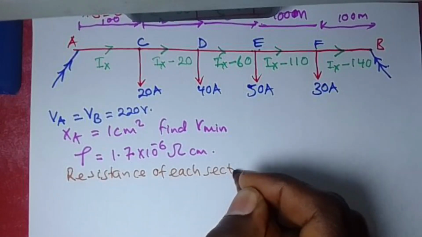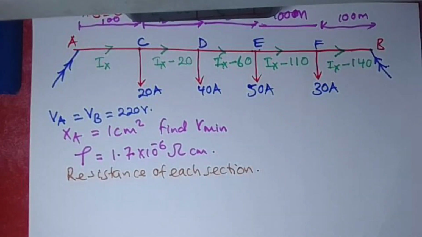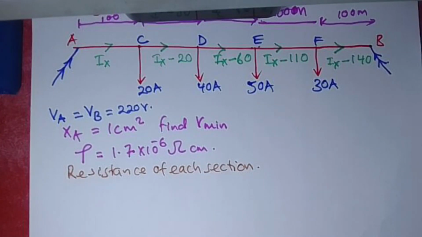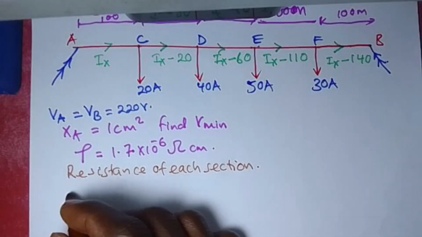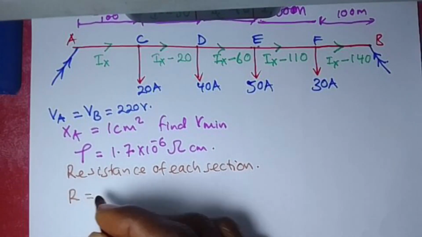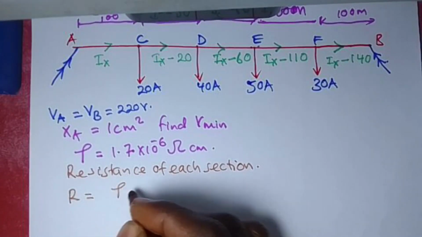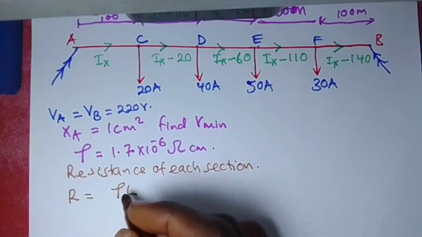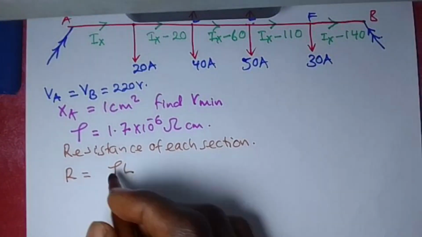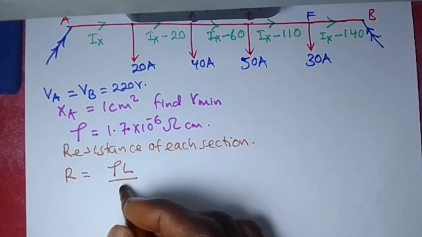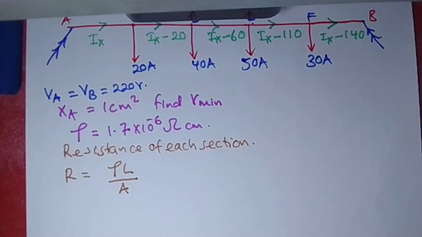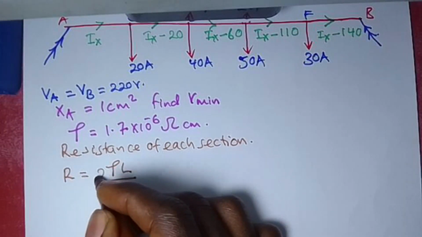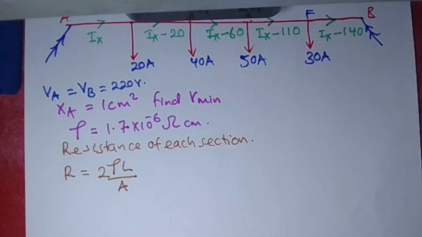So to calculate the resistance of each section, we shall use our formula: resistance equals resistivity times length over area. But we said since resistivity only caters for a single conductor and we are working with two conductors, we shall always multiply it by 2.